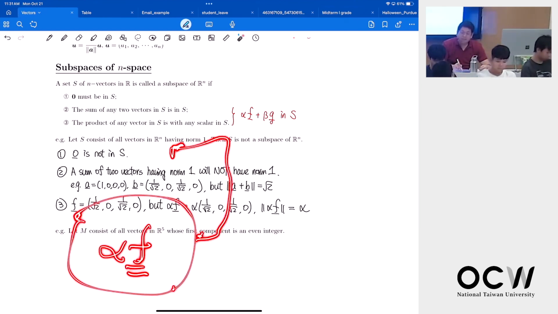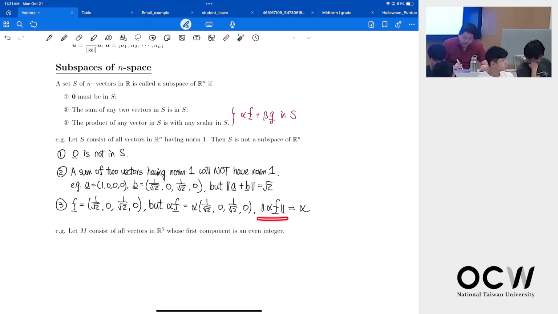But actually, if I times alpha, the norm is alpha rather than 1. So this is not in S. Once you times a scalar, it is not in S. Then we cannot say that S is a subspace. They should satisfy these three. It's a little bit tricky.